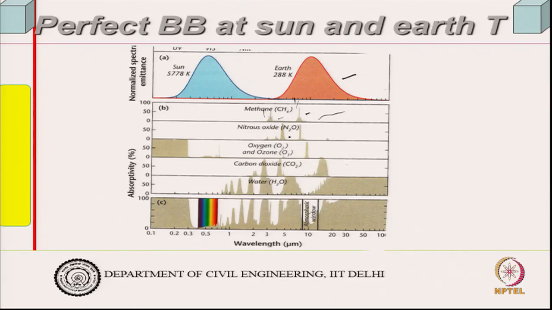Then nitrous oxide is somewhere here, oxygen somewhere there, and carbon dioxide has quite a big spectrum. A good lot of it absorbs here, and this is also absorbed, and this too. So it is a bigger spectrum, and then water vapor.